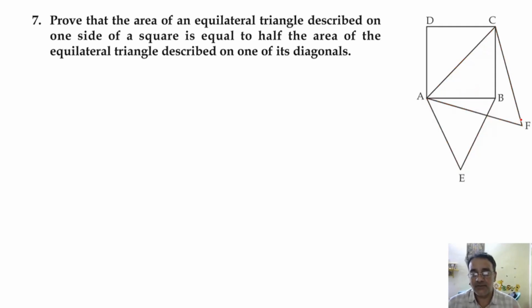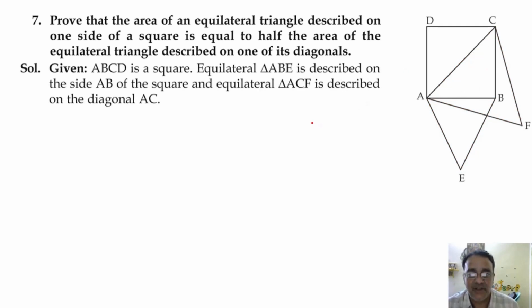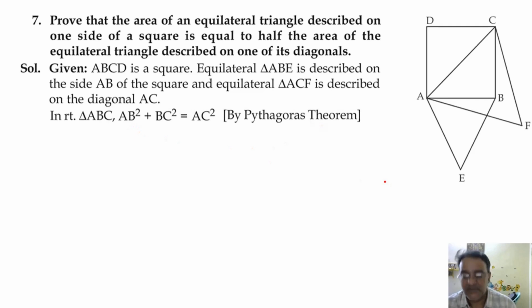Okay. Now we know that two equilateral triangles are always similar. And in triangle ABC, see carefully, this is a right triangle. So AC square is equal to AB square plus BC square by Pythagoras theorem.